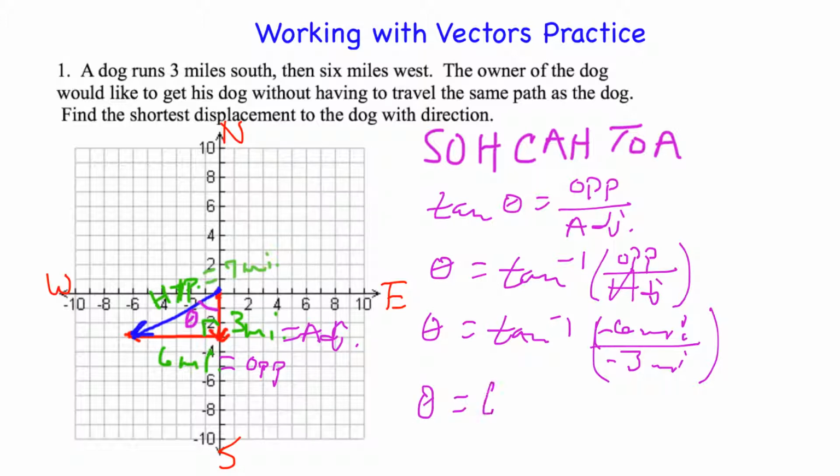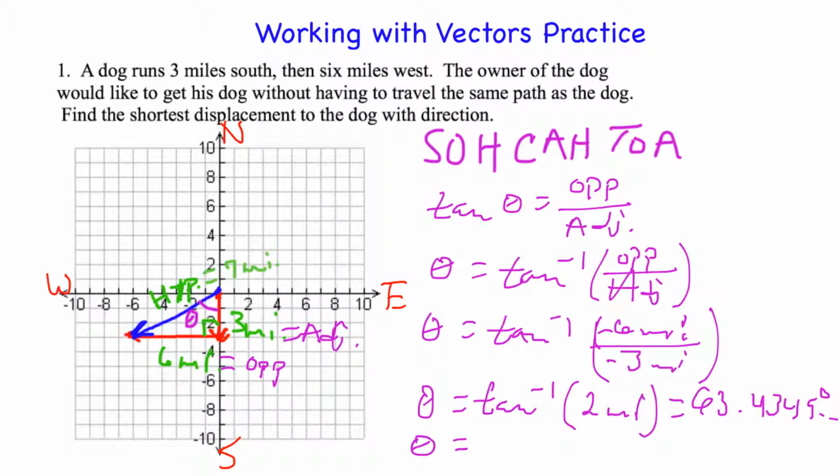So theta is equal to the inverse tangent of 2, which is 63.4349, so on and so forth degrees. We are going to go ahead and just cut that off in the tenths place, I think is a good spot to round that off at. So theta will be equal to 63.4 degrees.